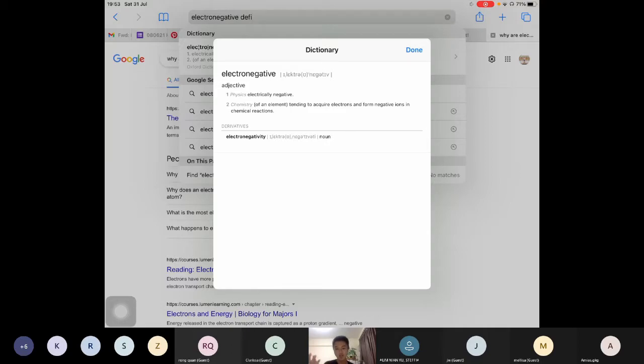If it's more electronegative, it means that it has a higher tendency to acquire the electron from the previous electron carrier. So if there's no difference in electronegativity, then your electrons won't flow down your ETC. I hope that cleared it up for you, fluffy clouds. And I hope I answered your question, Keegan.